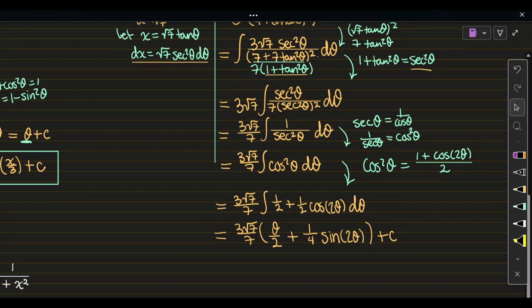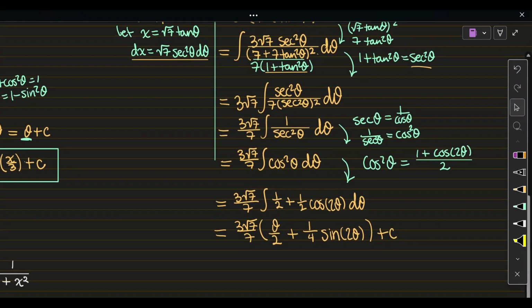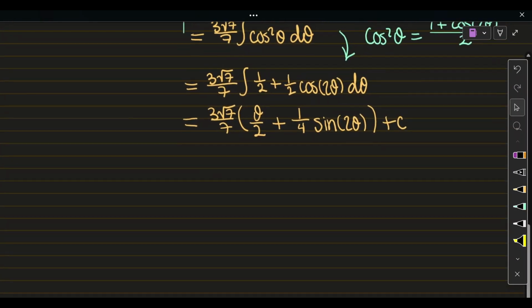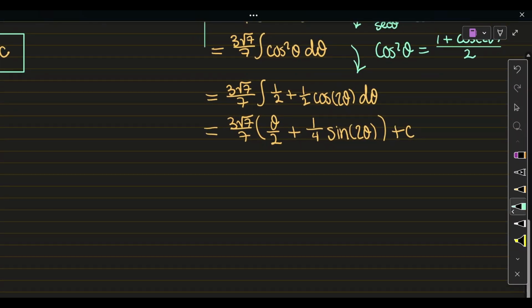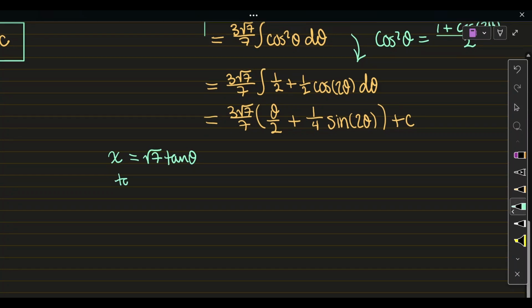Okay, so we need to draw out our triangle to determine what's actually happening with x in terms of theta. Remember that at the very beginning, we let x equal the square root of 7 tan theta. This tells us that tan theta is equal to x over the square root of 7.